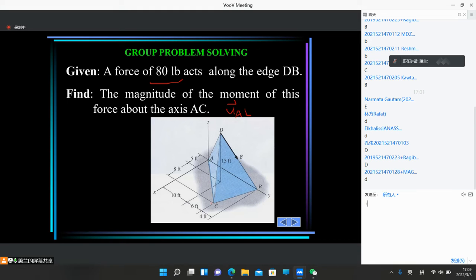You can choose A or you can choose C. If you choose A, the position vector can be AD, so that would be RAD cross F, or RCD cross F. It's up to you. So the first thing is to find the Cartesian vector form of force F. Can you try to solve it? I'll give you 2 minutes.